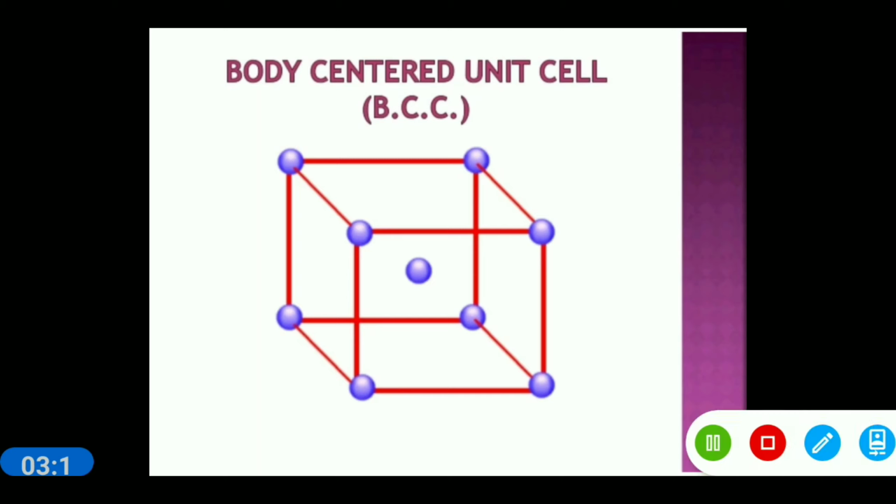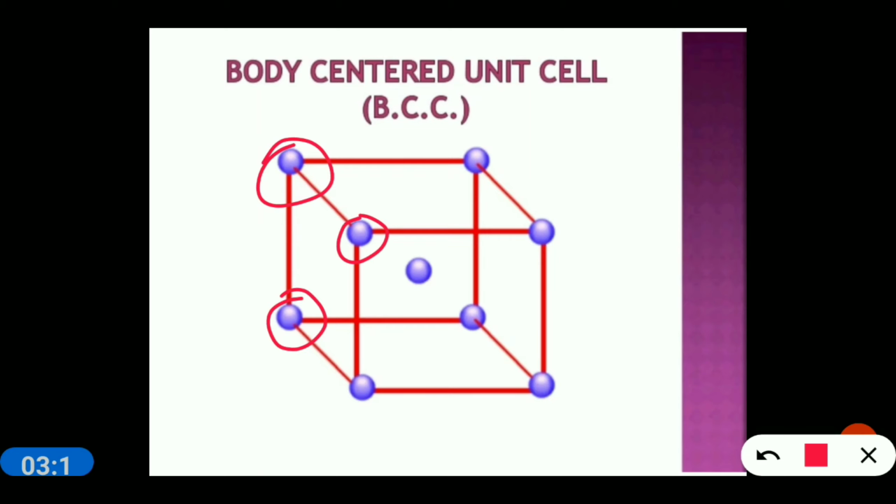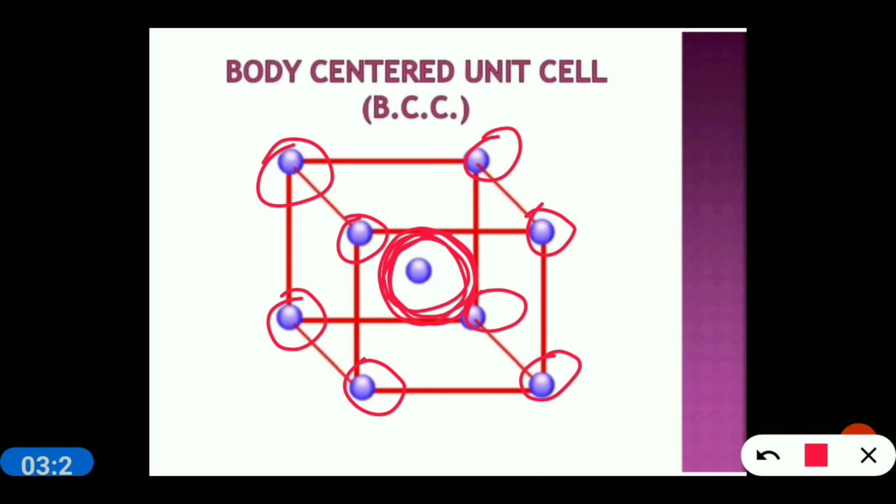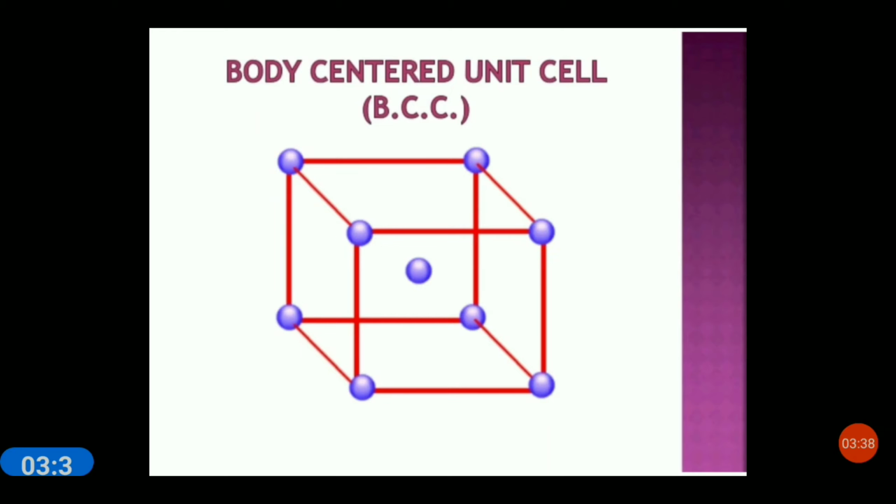Body centered unit cell: in the body centered unit cell, constituent particles are present at the corners. So 8 corners are there as we have discussed in SCC. Along with this, one particle is present at the center of the body. So along with the corners, one is at the center. This is known as the BCC.